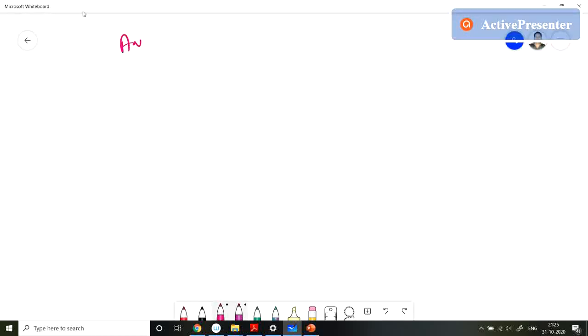So let us solve this problem. It is easy to see that y2(n) is equal to x(n) minus 2y1(n) minus y1(n minus 1).